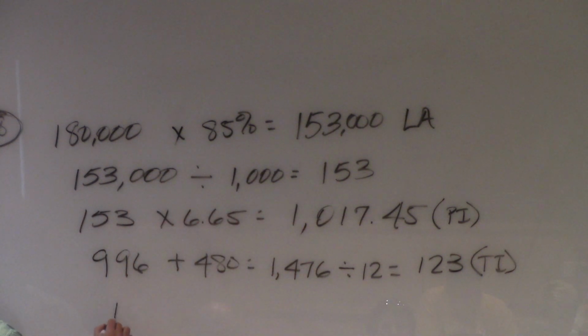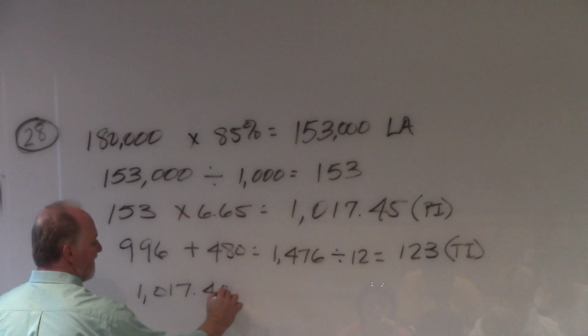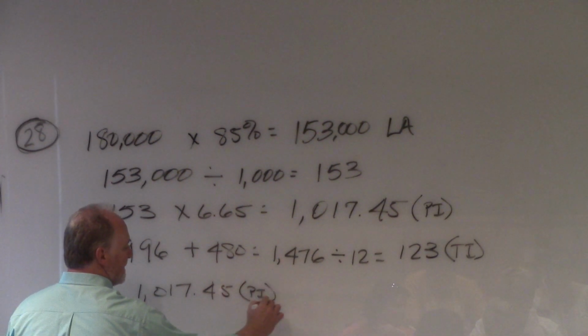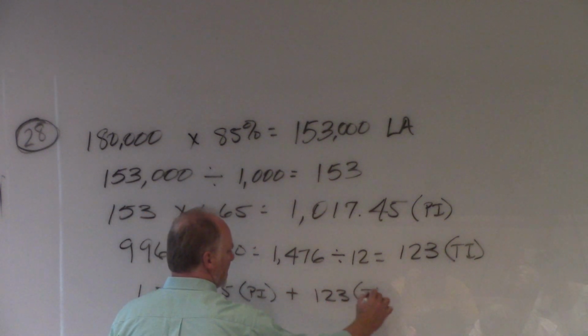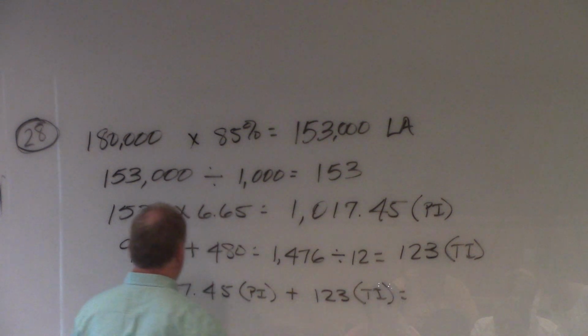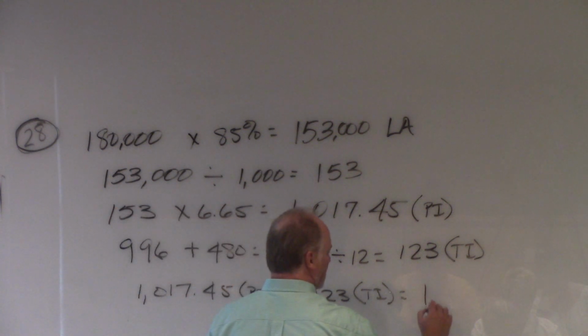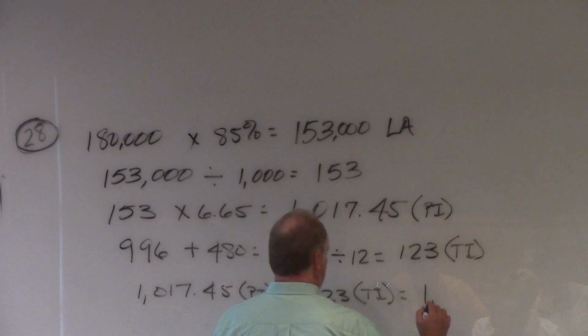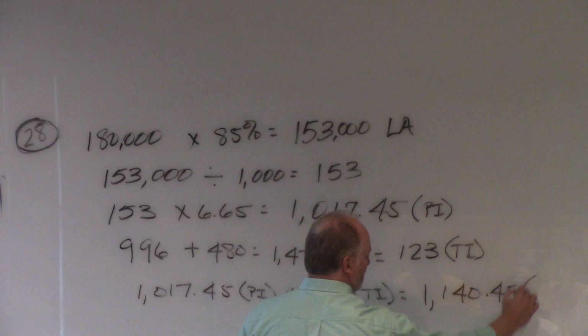Finally, after 18 steps, $1,017.45 PI plus 123 TI equals 1,140.45. 1,140.45 is your PITI.